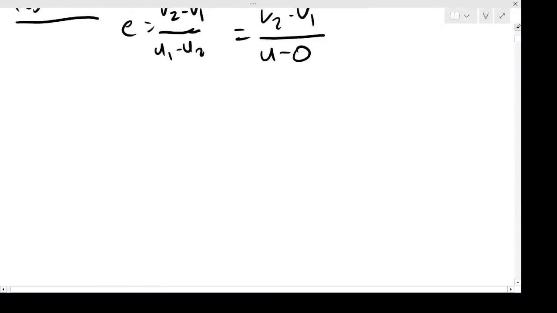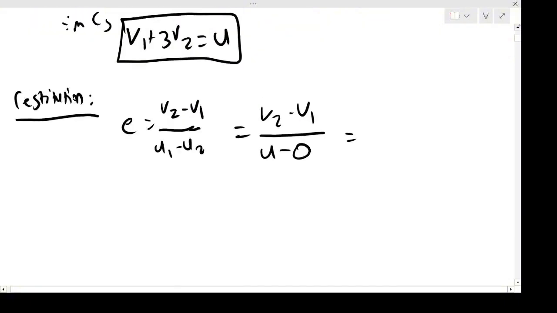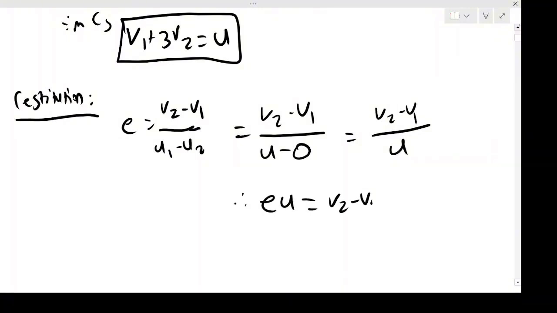So it's u take away 0. So that simplifies to v2 minus v1 over u. And so we can cross multiply to get E lots of u equals v2 take away v1. And there we are. That's my second equation there.